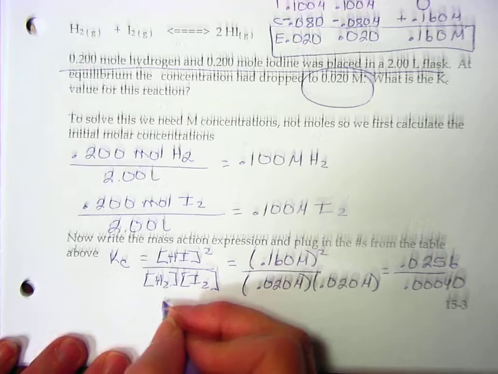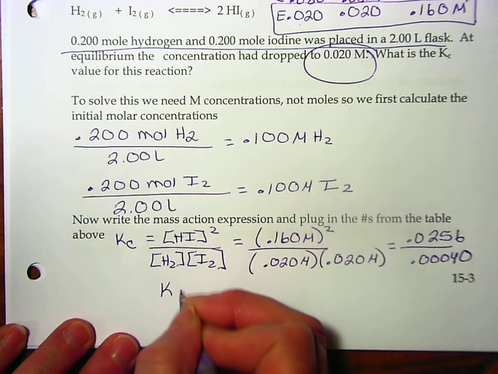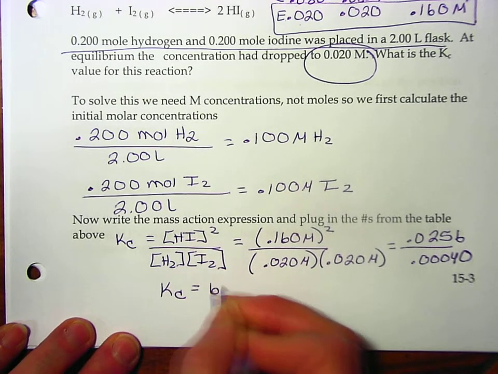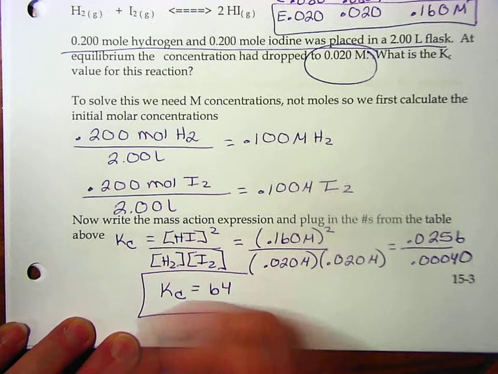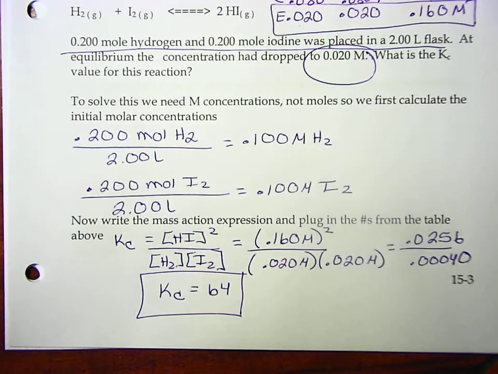Now I can only keep 2 significant figs, so my K sub C is equal to 64. So my equilibrium constant is 64.